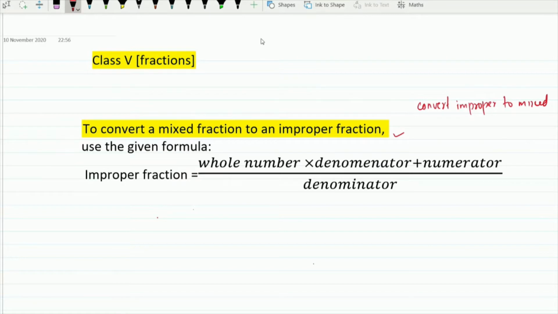Next, reduce into lowest form. How can we say that the given fraction is in lowest form? So fraction in its lowest form or simplest form, fraction in its lowest term or lowest form or simplest form.